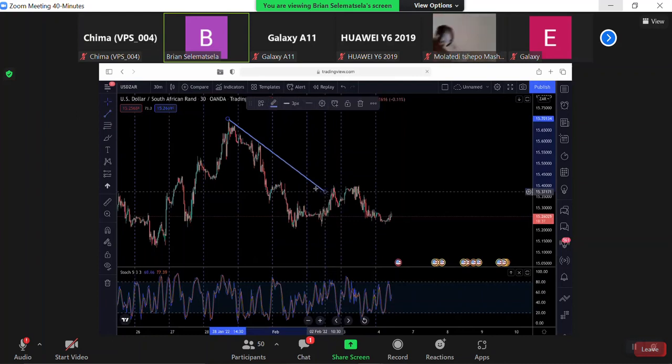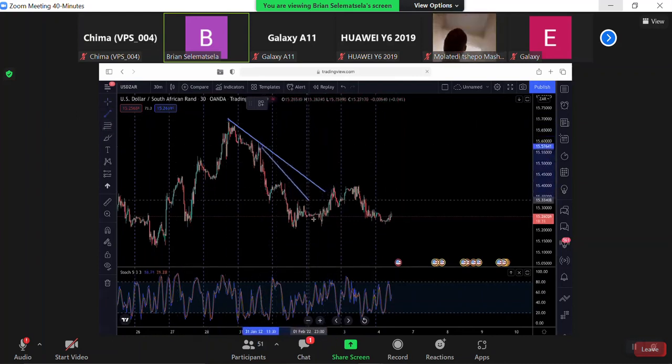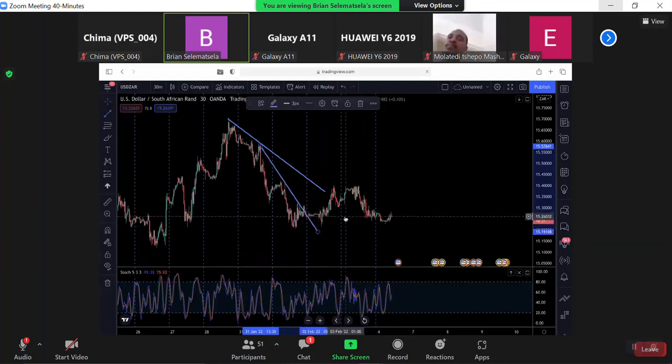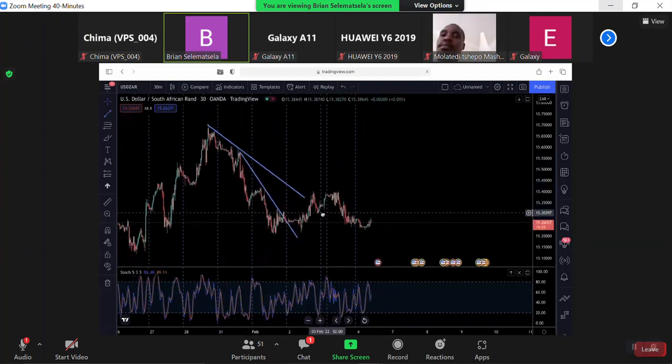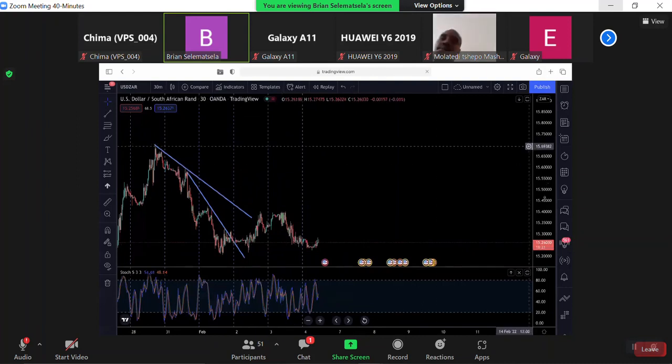There was a very clear divergence, footprint, very clear first layer, and from there I was supposed to enter here or there.